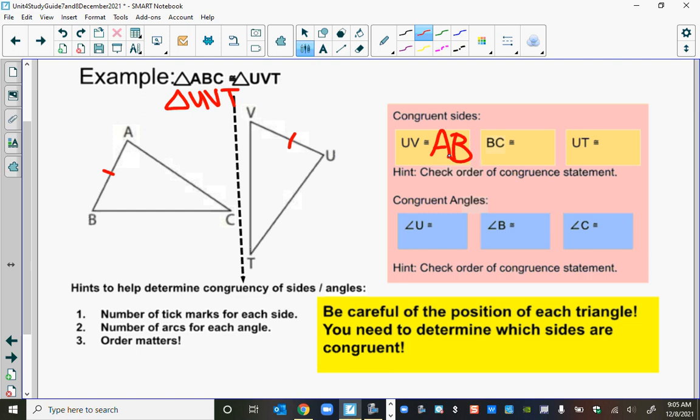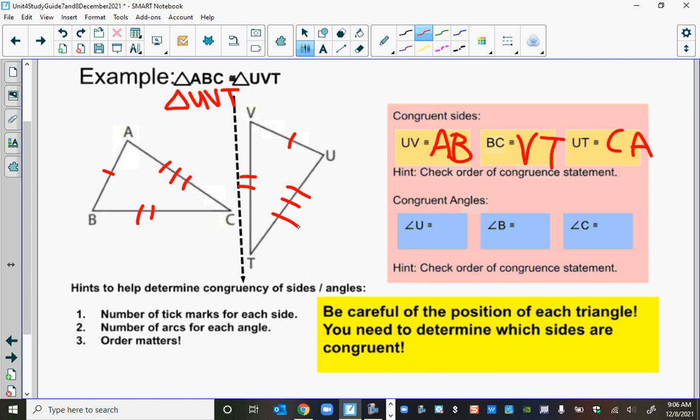VT matches. Okay, what about UT? CA, or AC, yeah. Careful with that one. Good.